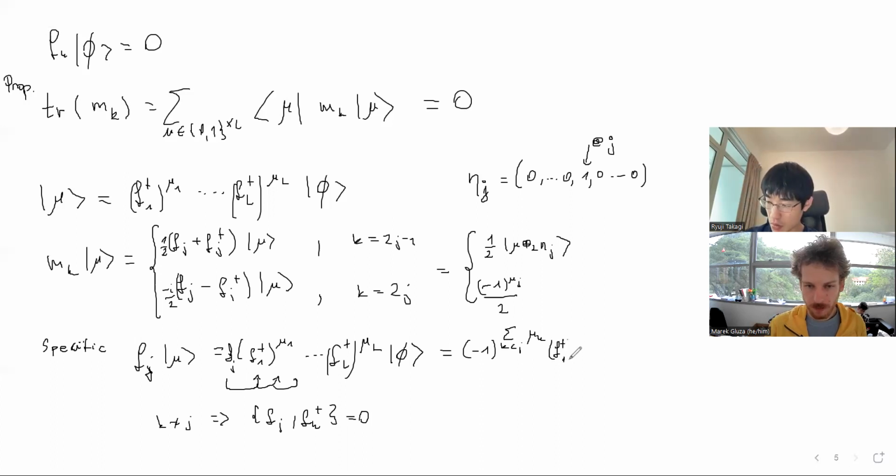So I think I will run out of space, but mu1 until j-1 dagger. And then I have this fj. Then I have fj dagger to the mu j, and then the remaining operators, applied to vacuum. Okay, which means I'm pushing it through there.